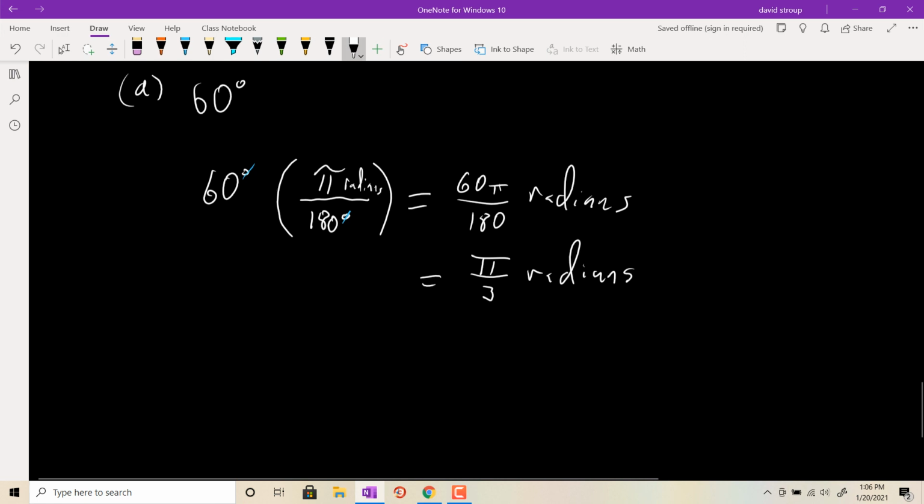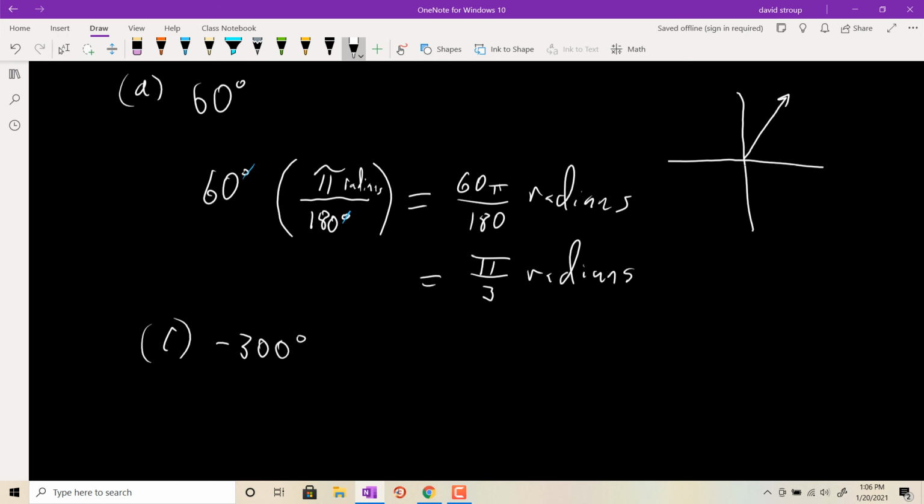Let's look at another one. So we get some negative angles here, negative 300 degrees. And we also want to start thinking about what does that 60 degrees look like? What quadrant is that in? Well, it's going to be about right here, right? Because if you go all the way to the y-axis, it's 90 degrees, but this would be about 60 degrees, which is also pi over 3 radians.